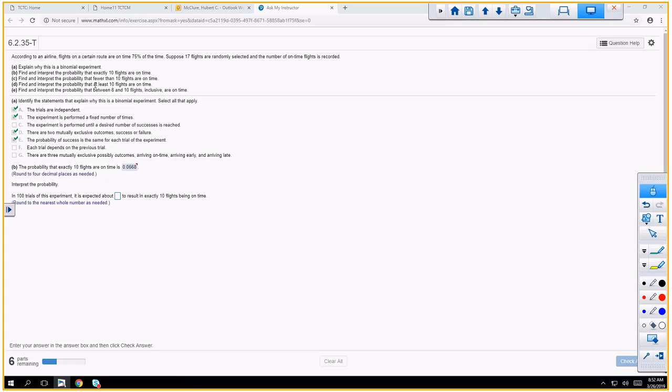But the main thing right here, what does at least 10 mean? 10 or more. So that would be 10, 11, 12, 13, 14, 15, 16, 17. So you would do each n, p, x that time. And then what is this one? Find the probability that between 8 and 10. Well, what's between 8 and 10? 9. But it says inclusive, so it means 8, 9, 10.